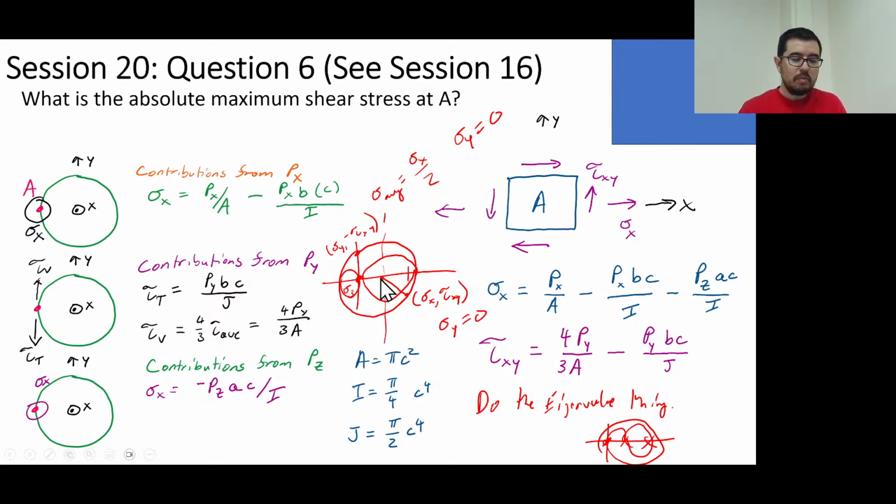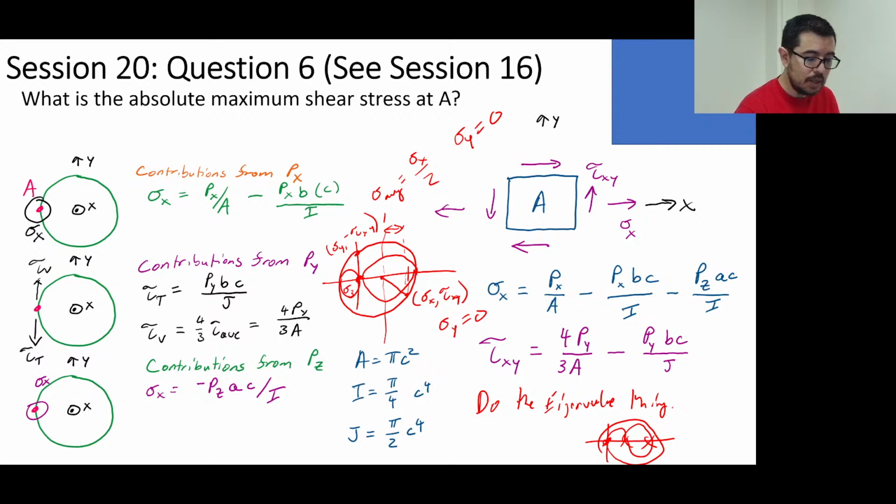Now, that actually could be enough to tell me almost everything I need to know. No, it's not enough. I do need to figure out the radius with the tau xy. So how do you figure that out? You figure out that radius by using Pythagorean's theorem, right? So what is this?